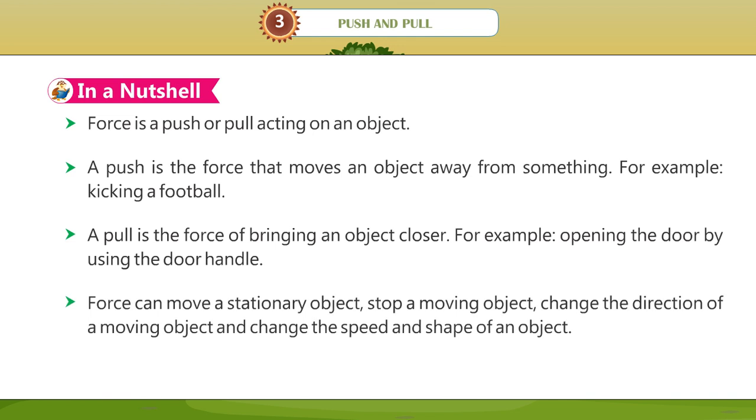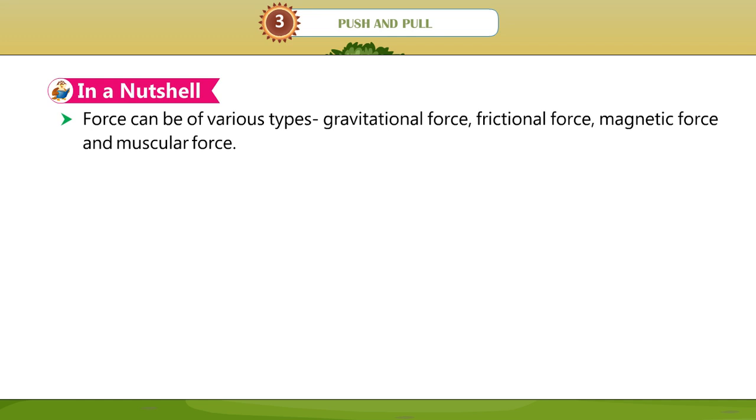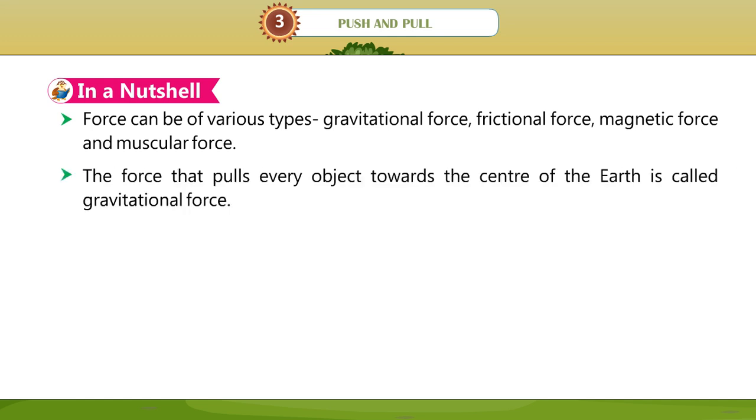Force can move a stationary object, stop a moving object, change the direction of a moving object, and change the speed and shape of an object. Force can be of various types: gravitational force, frictional force, magnetic force, and muscular force. The force that pulls every object towards the center of the earth is called gravitational force.